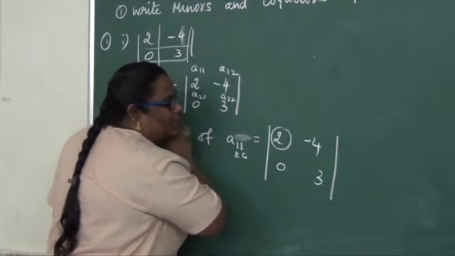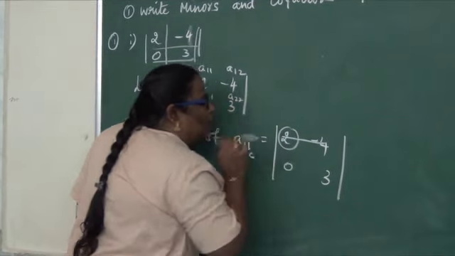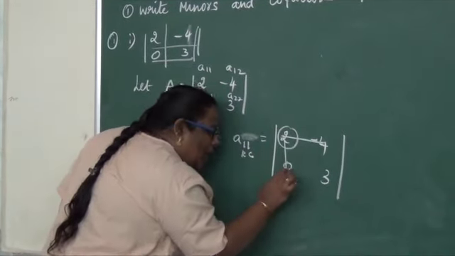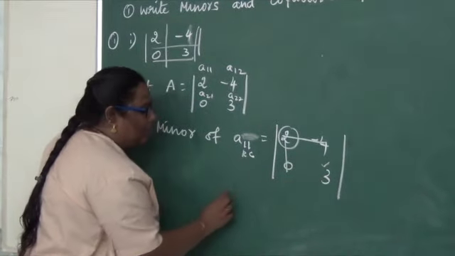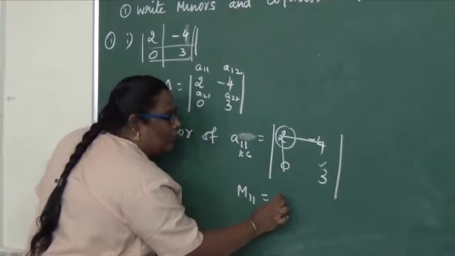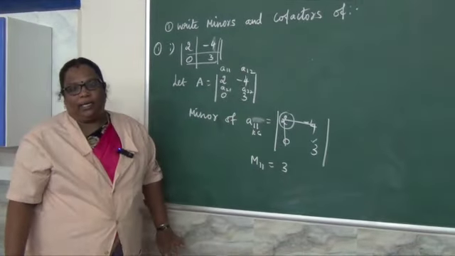A11 is nothing but this element. You delete the corresponding row and column. What is the remaining number left out? It's nothing but 3. So M11 equals 3. The minor of A11 is 3.